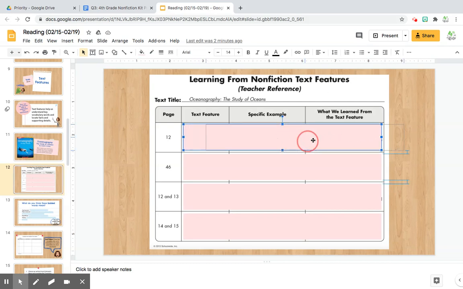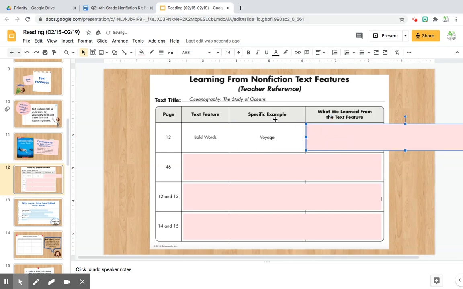So let me go ahead and start revealing here. As we start on page 12, we get into some bolded words. The example in the actual selection is the word voyage, which has been bolded. Now, what does that tell me? If the word has been bolded, what does that mean to us?